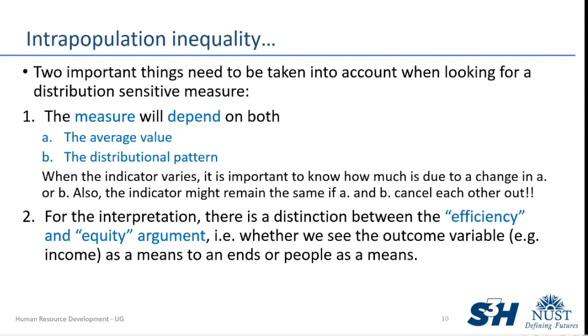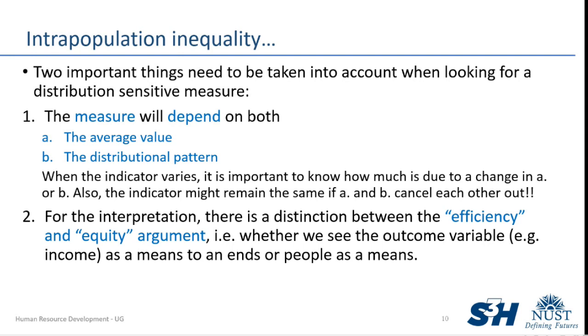Then if you want to create an index that accounts for the distribution, you have to have both the average value and also the distributional pattern. You cannot have one or the other. You have to have both of them. And also there should be a mechanism to find out which one is dominating. Is the distributional pattern dominating, or is the average value dominating?